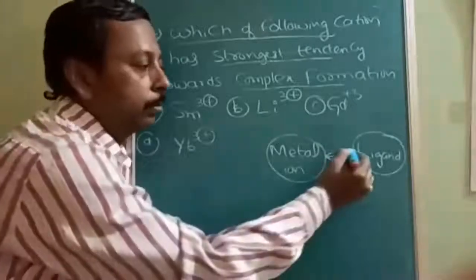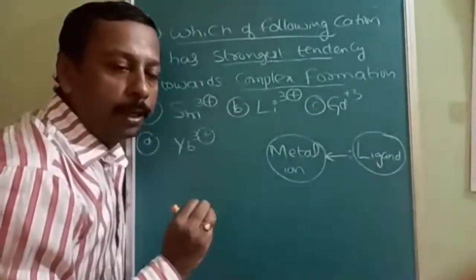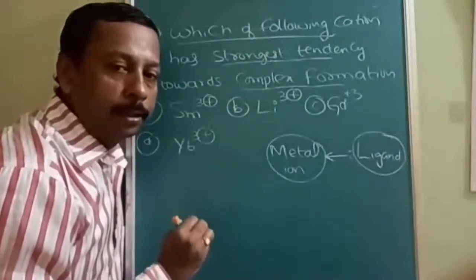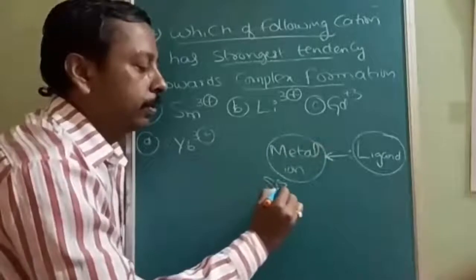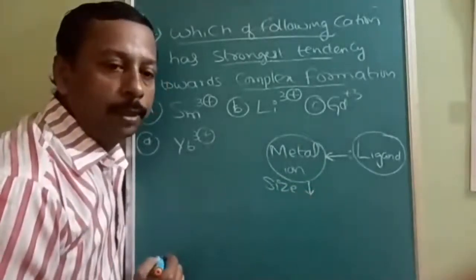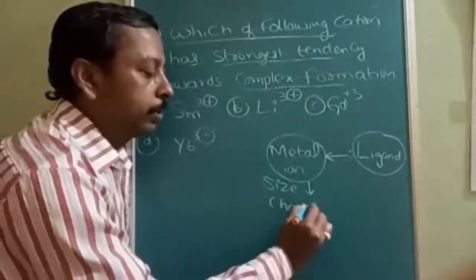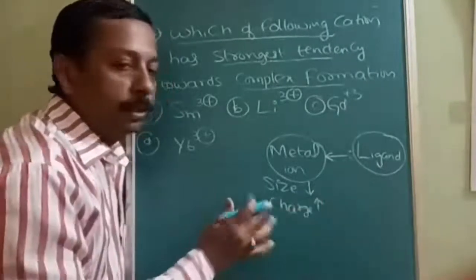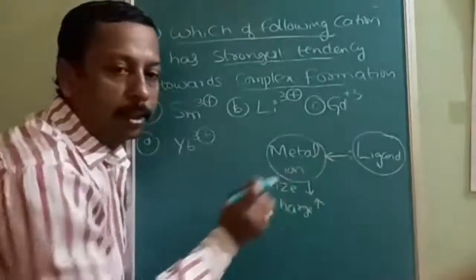So accepting tendency will depend upon three factors. First one, its size. Size should be small, then it is favorable for complex formation. Second, positive charge. Charge should be as maximum as possible, because more positive means more tendency to attract the lone pair.